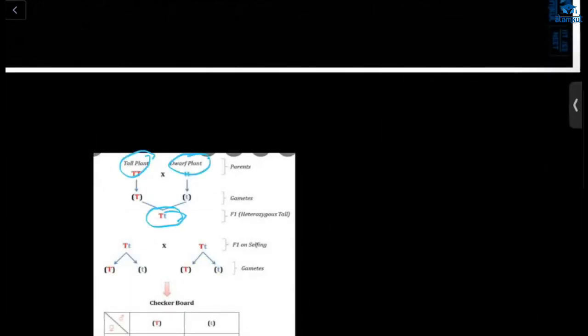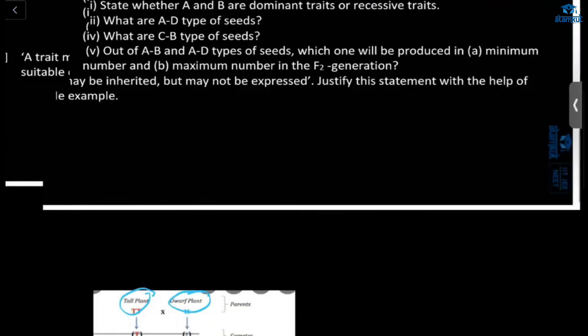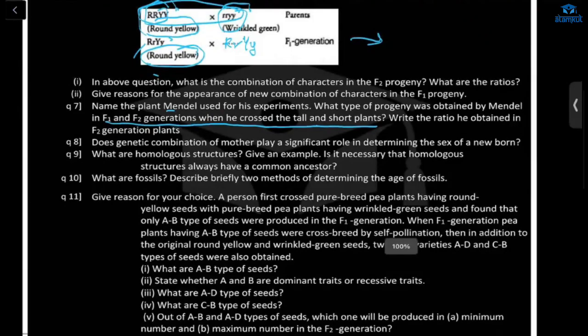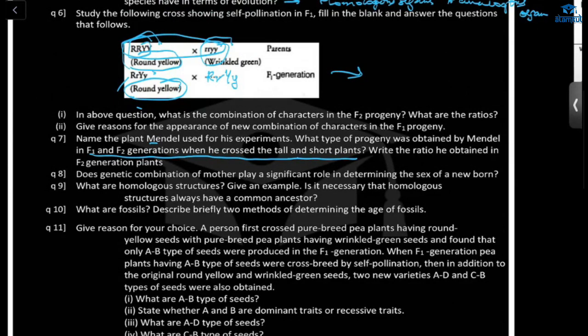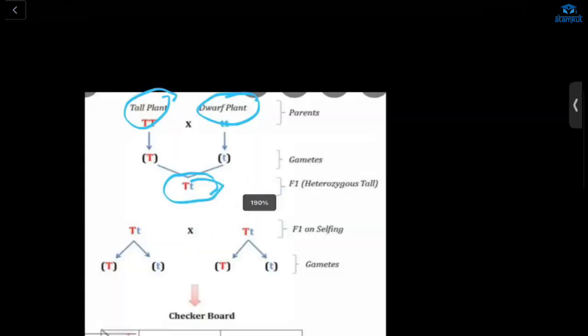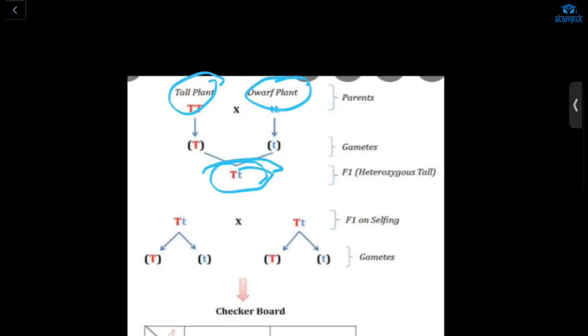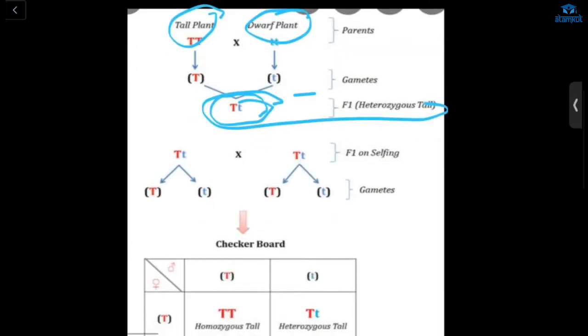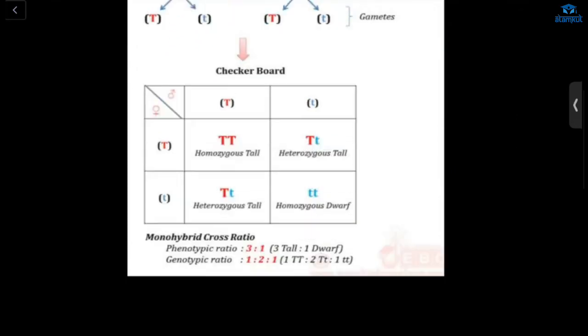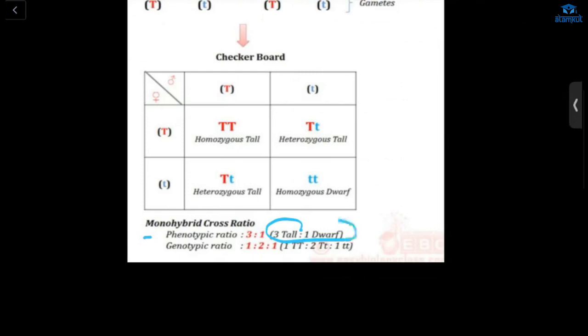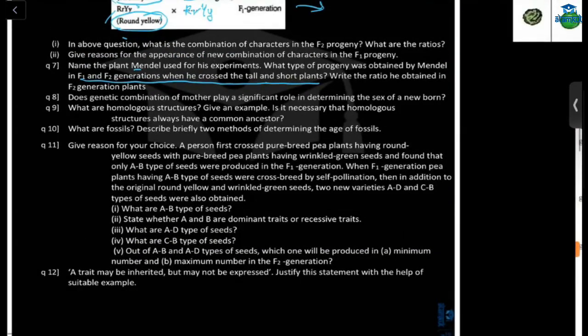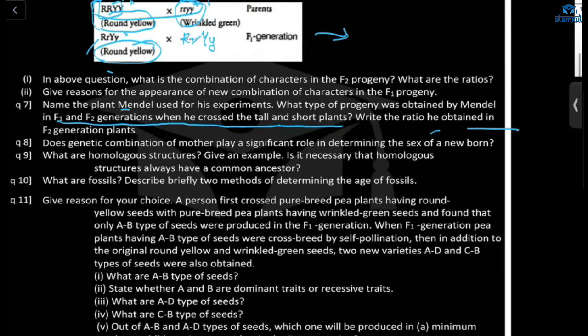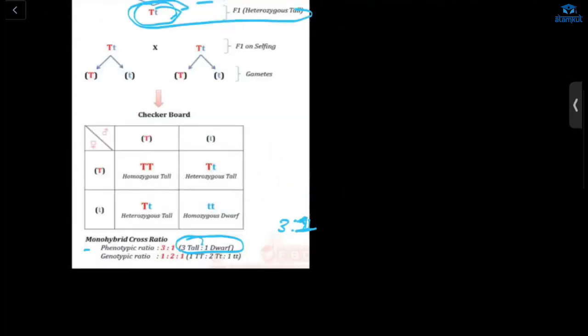He got tall plants. In F1 generation, what did he get? He got heterozygous tall. In F2 generation, what did he get? He got 3 tall and 1 dwarf. So 3:1. Write the ratio he obtained in F2 generation. 3:1. That is your answer.